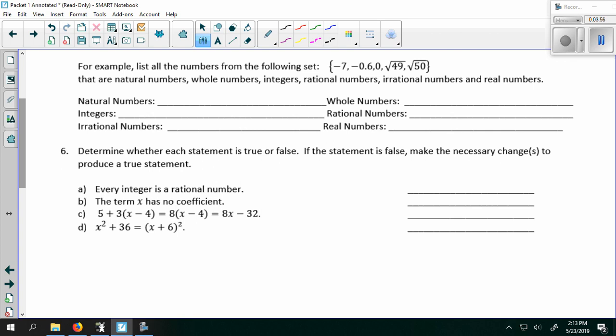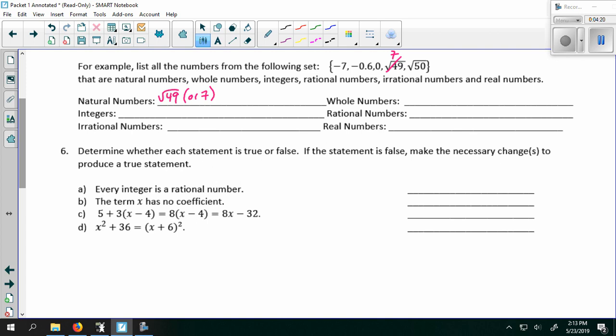So natural numbers are counting numbers like 1, 2, 3, 4. So none of these are natural numbers except for the square root of 49, because that is equal to 7. So the square root of 49, which is 7. That is a natural number, also known as a counting number.